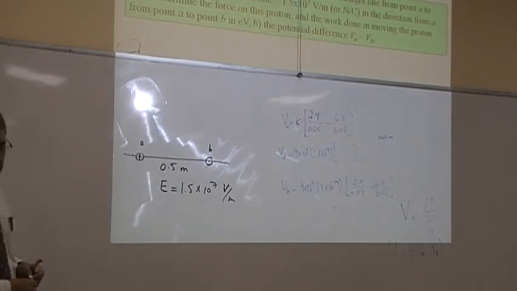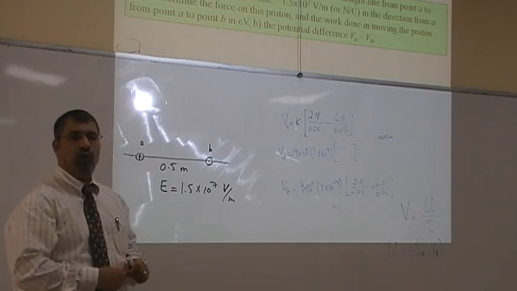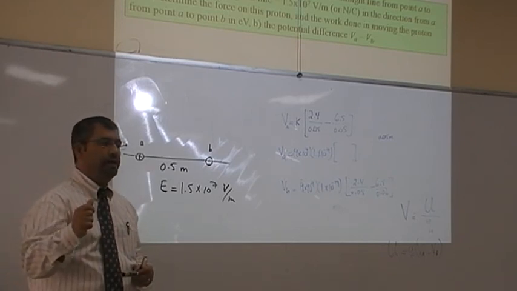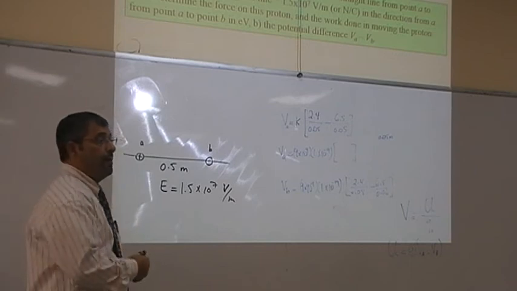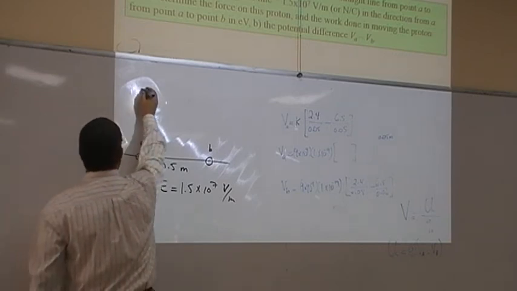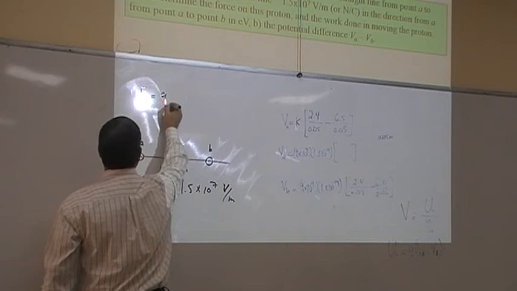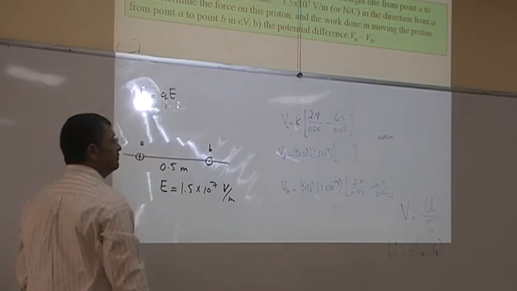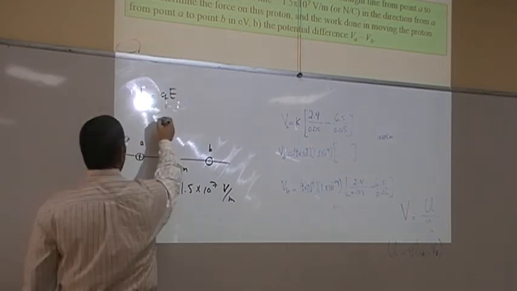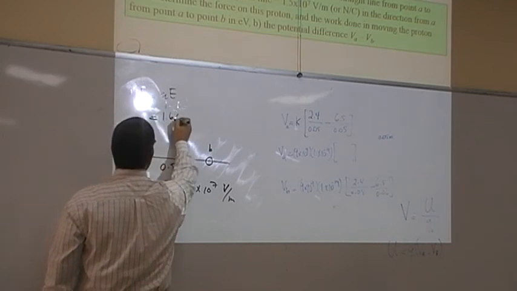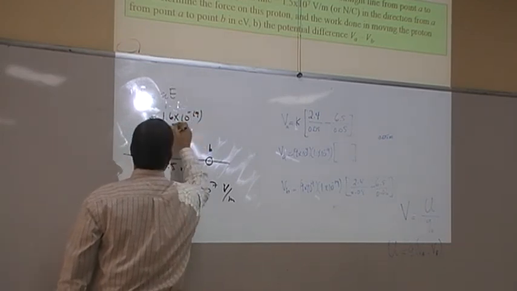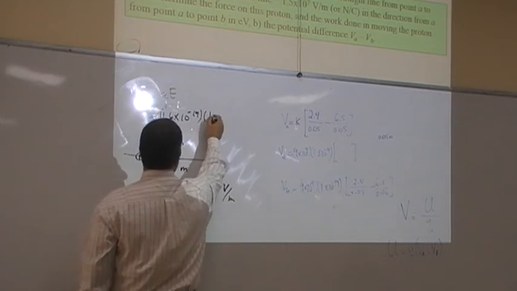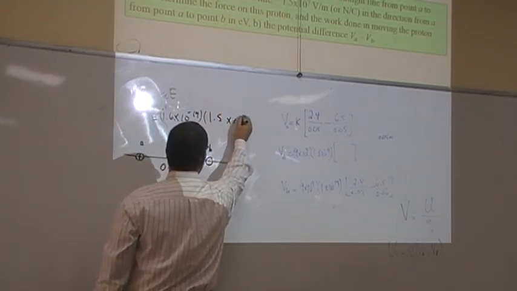Determine the force on this proton. Very quickly, guys, the force is equal to QE. F is equal to QE. Q is the charge of the proton, which we know is 1.6 times 10 to the power of minus 19, and the electric field is 1.5 times 10 to the power of 7.